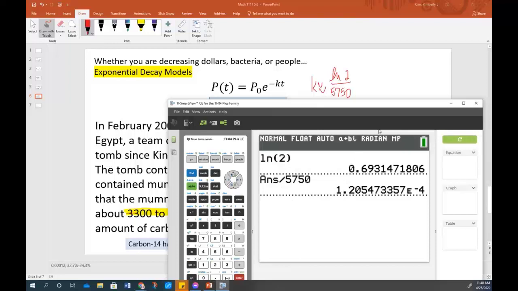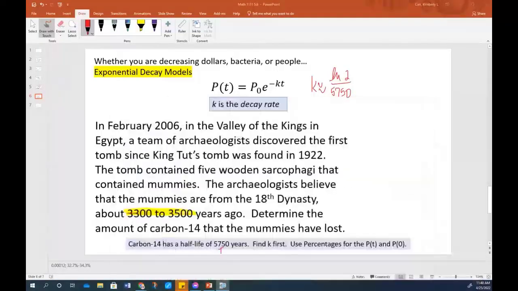So we get about 1.2 e to the negative 4, which really means it's in scientific notation. I need to move that decimal 1, 2, 3, 4 spots. So I'm going to end up with 3 zeros in front of that 1 and 2. So that's my decay factor.